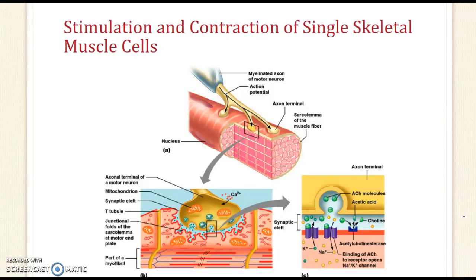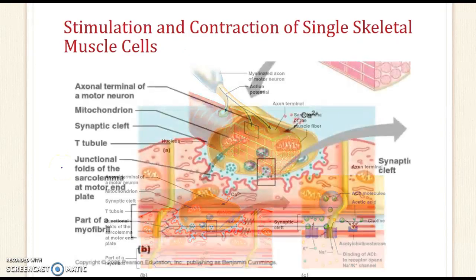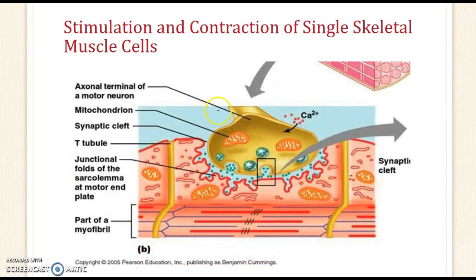So let's go ahead and take a look here at the neuromuscular junction. So this is your neuron here, and you can see it comes and it branches off into all of these little bulbs. And these bulbs are the axon terminals. And these axon terminals are what's going to innervate this muscle here. And as we zoom in, we can really see how cool this neuromuscular junction is. So here's your axon terminal here.